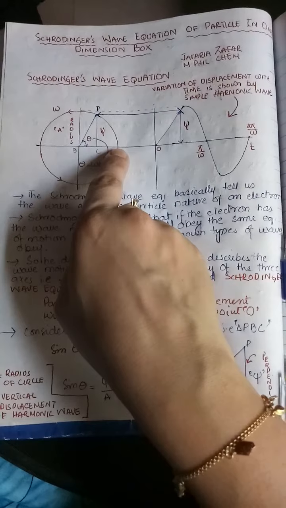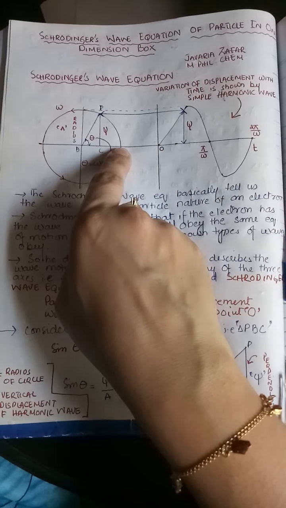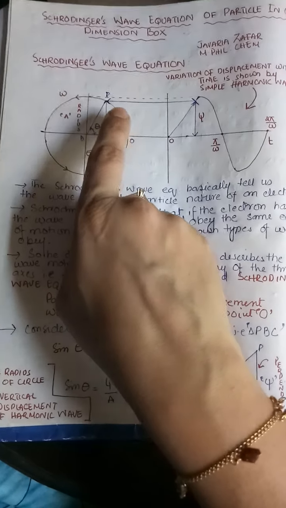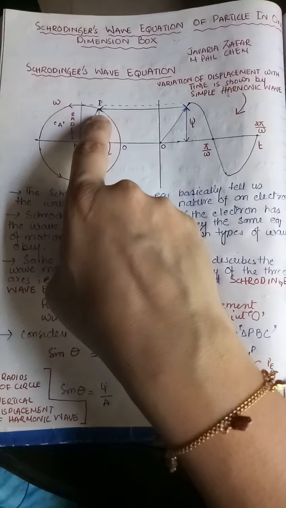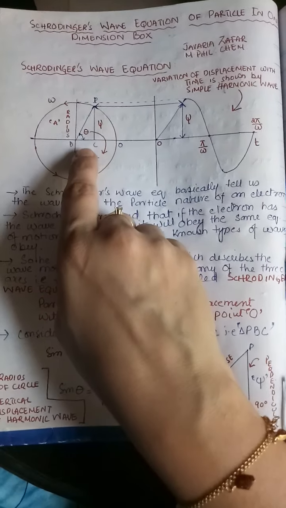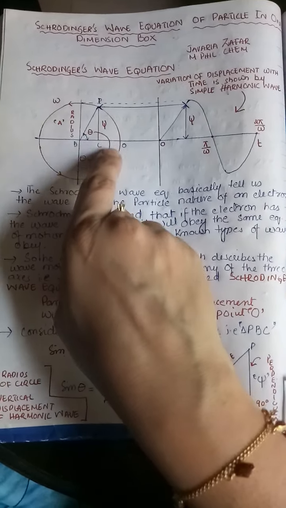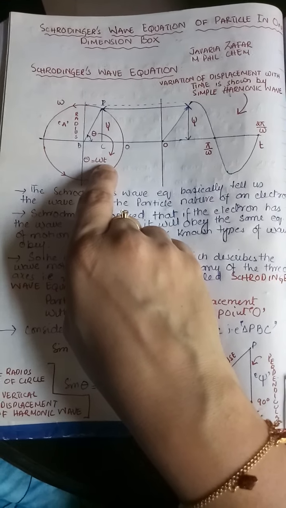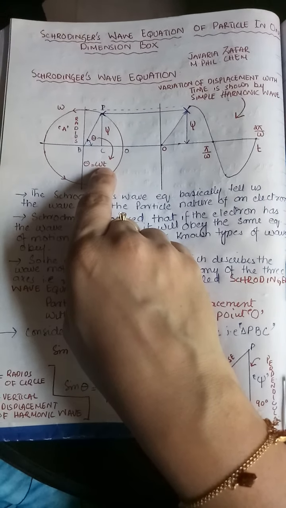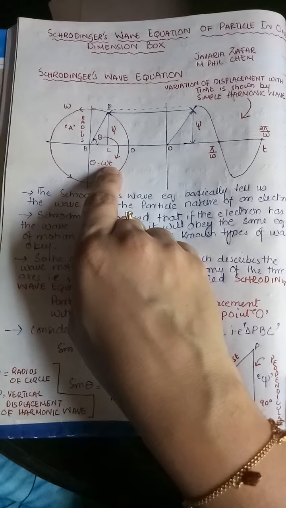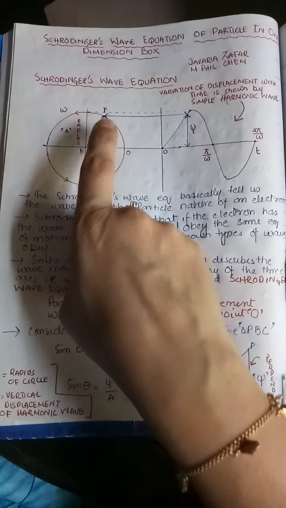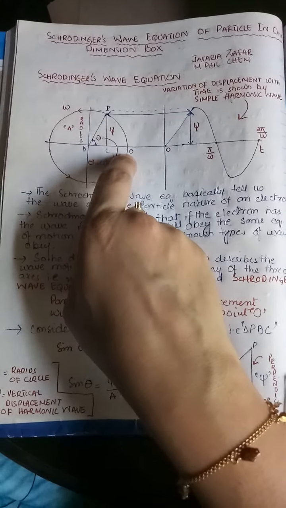The electron moves from point O to P with the angle theta. This theta will be equal to omega t, where t is the time taken by the particle to travel from point O to point P.